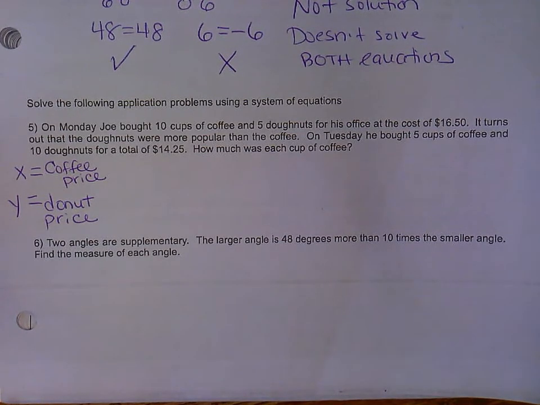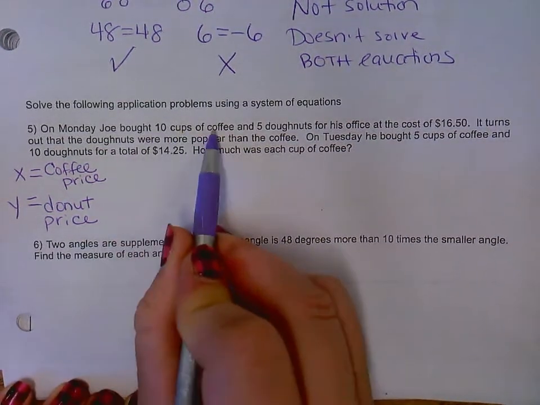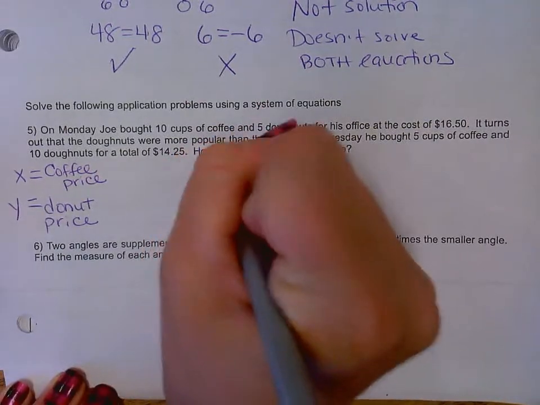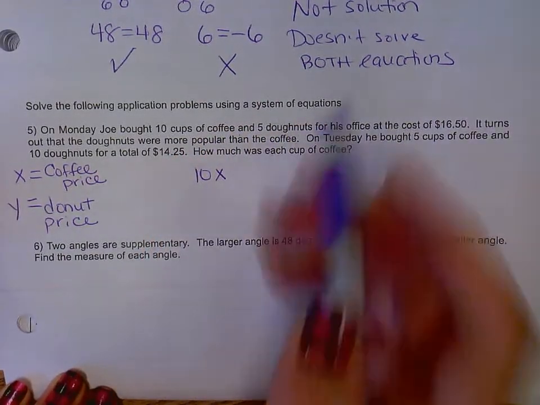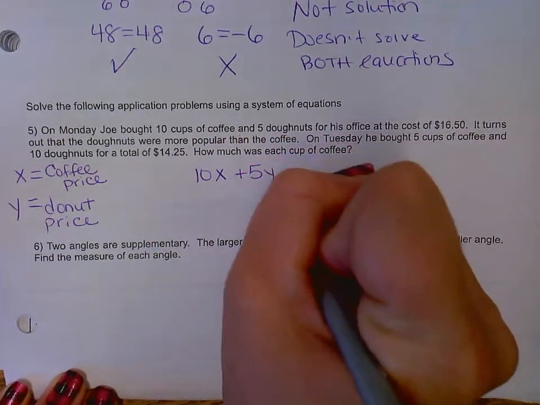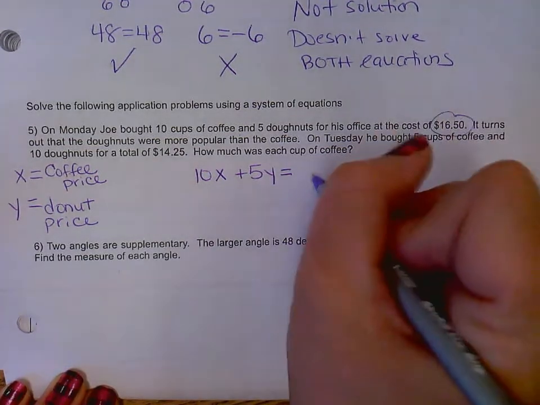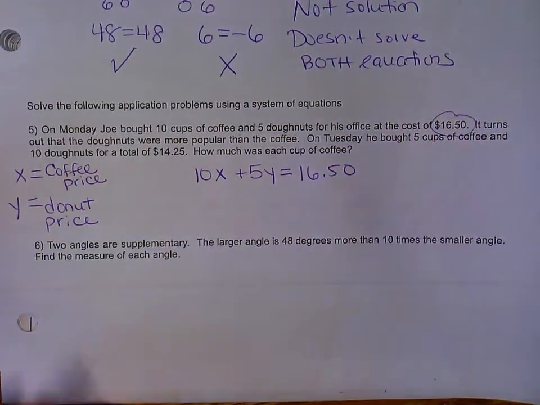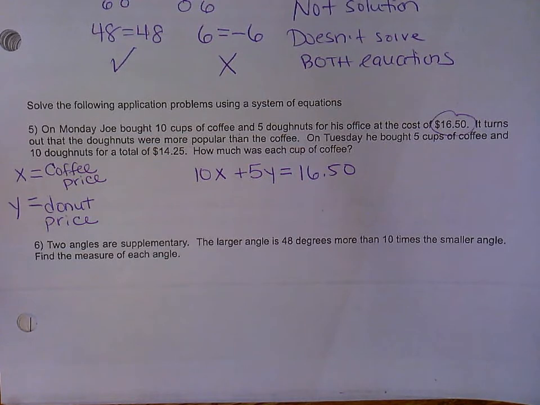All right, so write me an equation about Monday. What happens on Monday? 10 cups of coffee, so 10 X's, and 5 donuts, so 5Y, and he spends a total of $16.50. Write me the equation now for Tuesday.